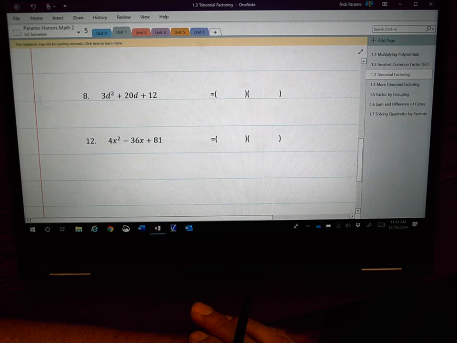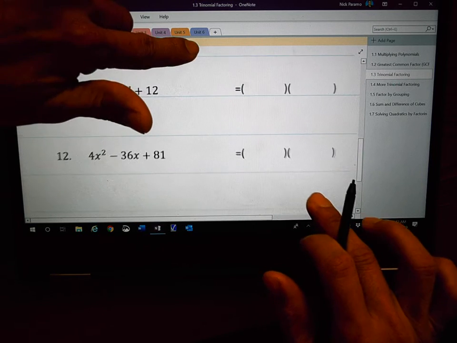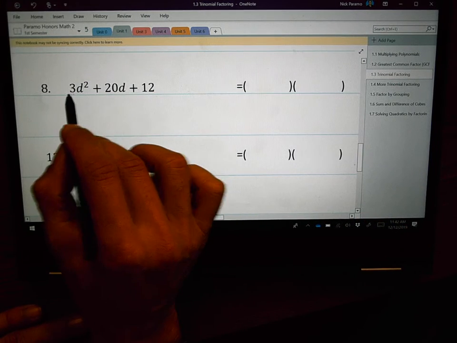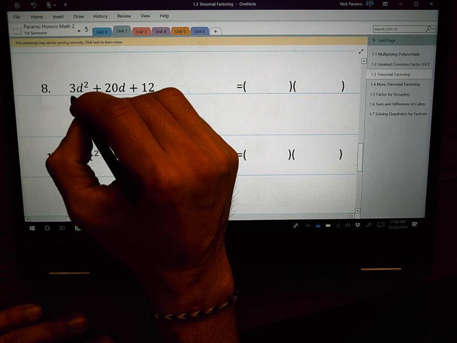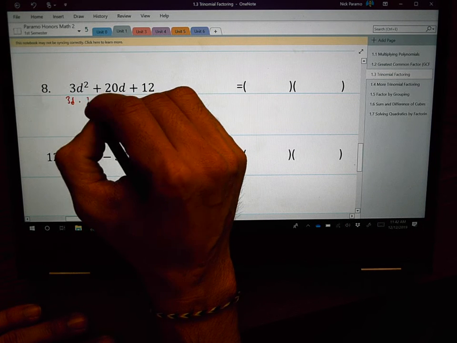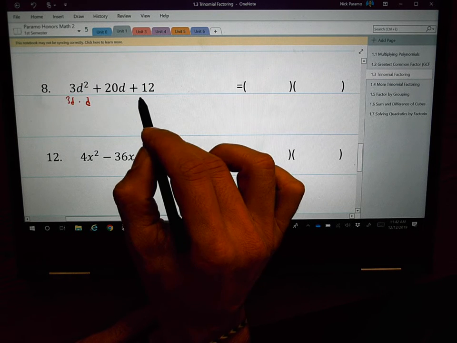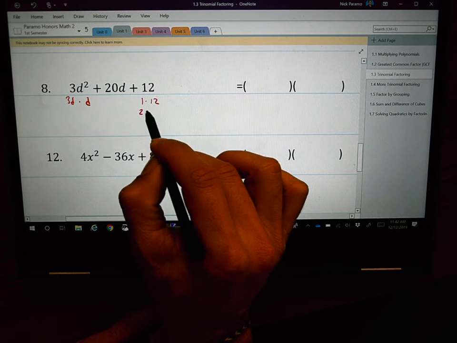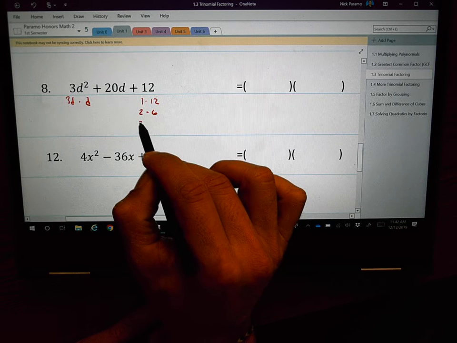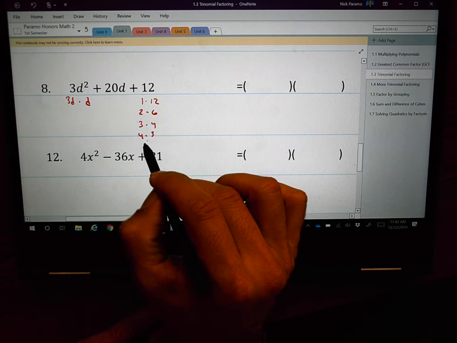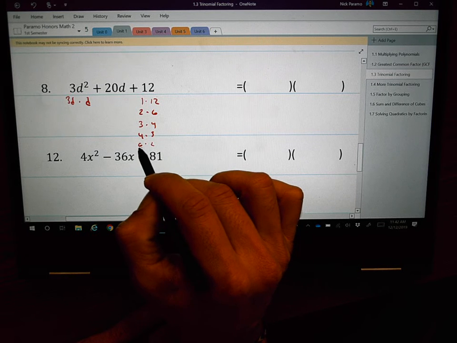So, for example, if I was doing the guess and check method, I would try to figure out what multiplies to 3D squared, like 3D times a D is the only way to get there. What multiplies to be a 12? There's lots of different possibilities. It could be 1 times 12, 2 times 6, 3 times 4, 4 times 3, 6 times 2, or 12 times 1.